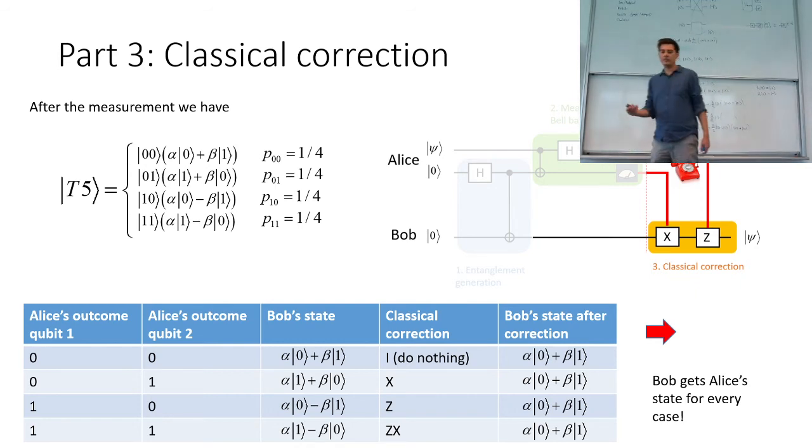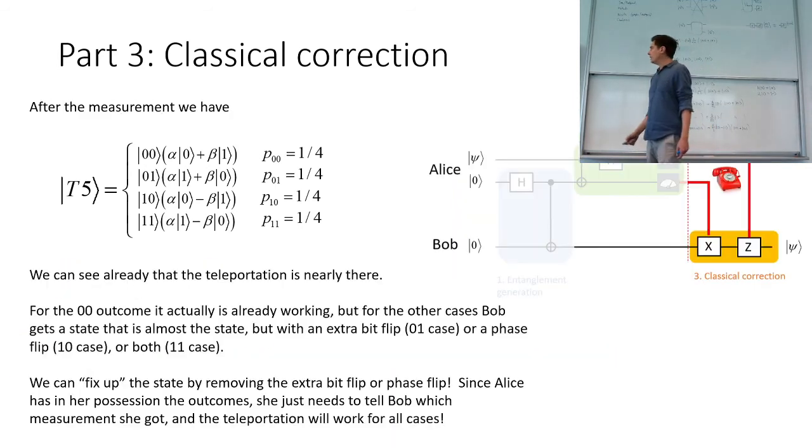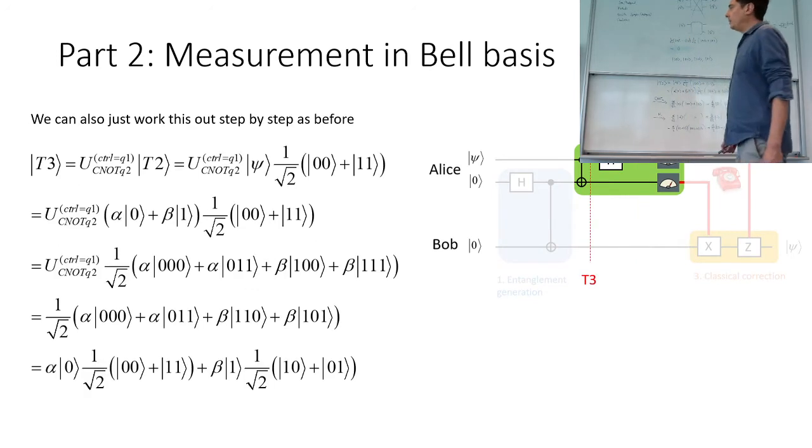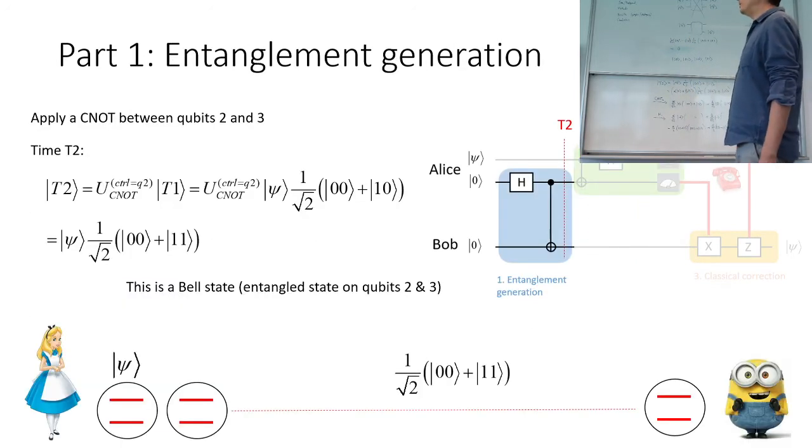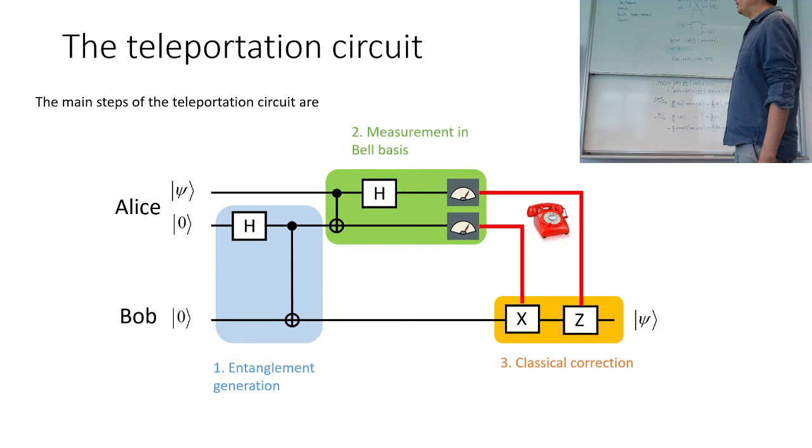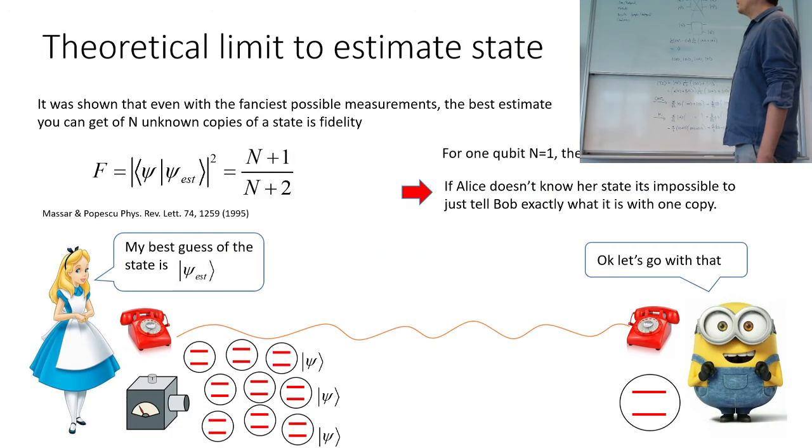And this is different to the previous measurement strategy that we were talking about, where if Alice does her best and measures the quantum state and tells Bob, the best you can do is 66%. Right?